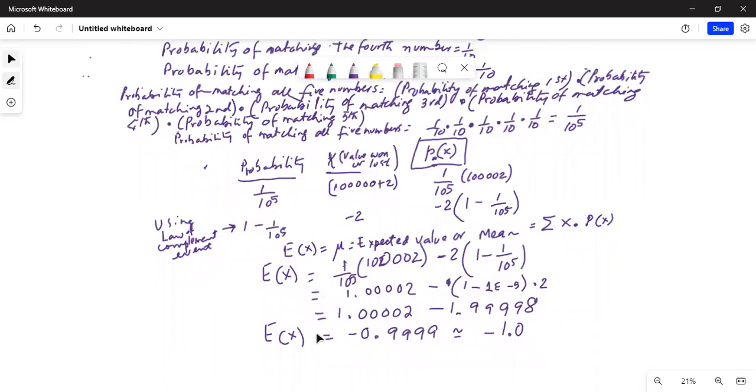It means on the average, you can expect to lose, because it's negative, $1 in playing this game.